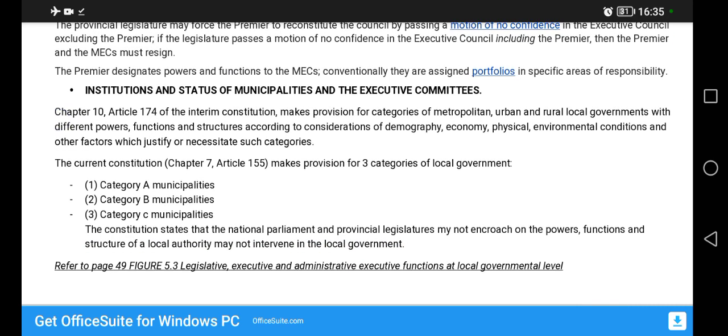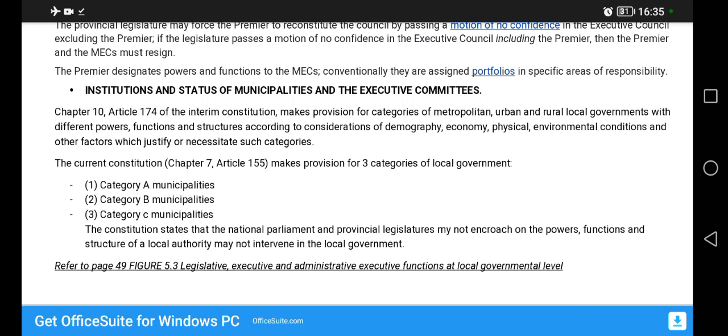Institution and statuses of municipalities and the executive committee. So we also have the municipalities that rule in the local division. We have 3 categories of those municipalities.